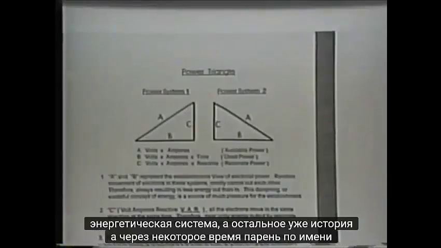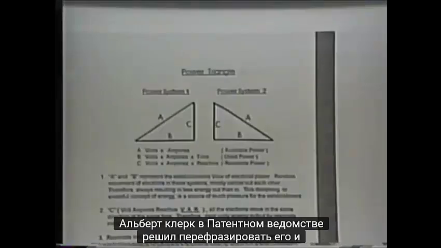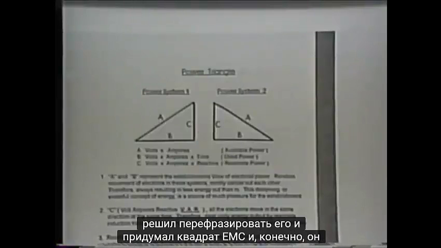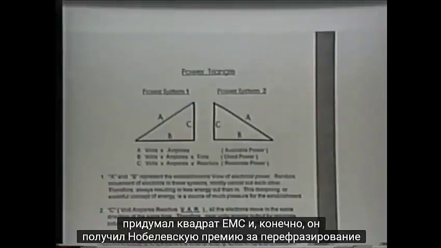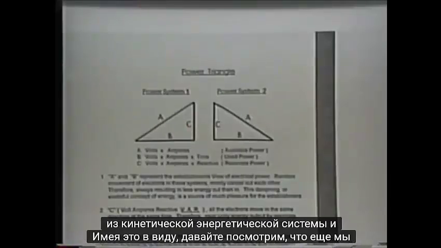And some time later, a fellow by the name of Albert, a clerk in the patent office, decided to paraphrase it, and he came up with E=mc squared. And of course, he got the Nobel Prize for his paraphrasing of the kinetic energy system. And with that in mind, let's see what else we have.